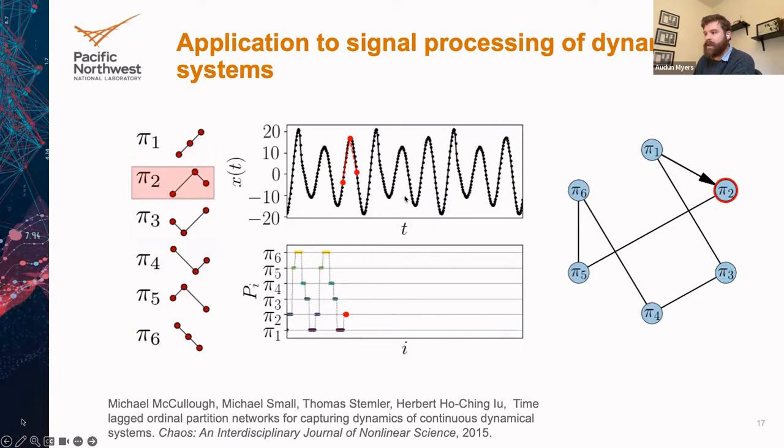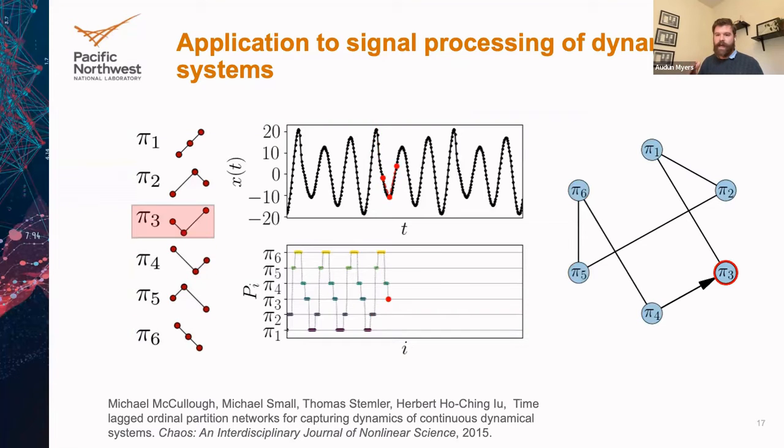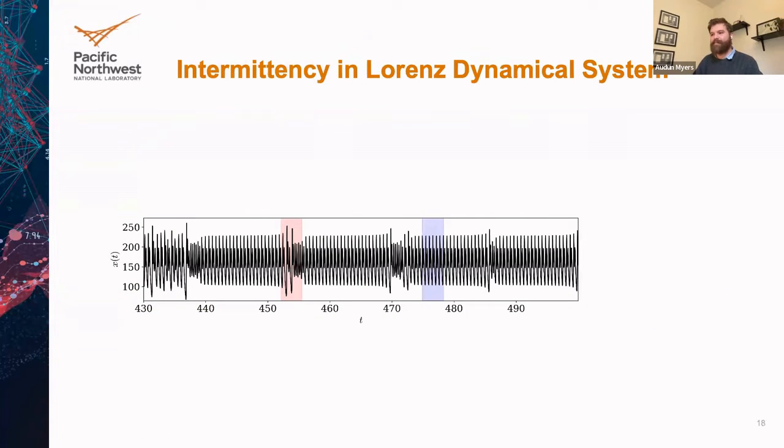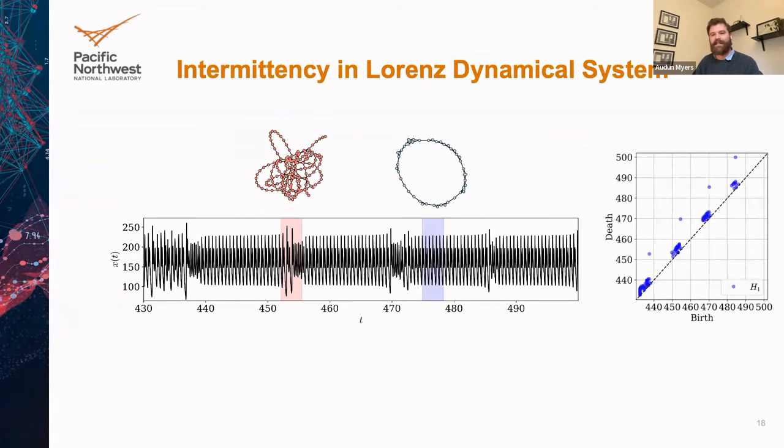You can even think about it in the Takens embedding space as splitting up that space into different regions, where each region is represented as one of these permutations. So think of it as, instead of a Takens embedding, embedding it into a graph, and then into a bunch of different graphs here, and then using zigzag persistence to study how it's changing.